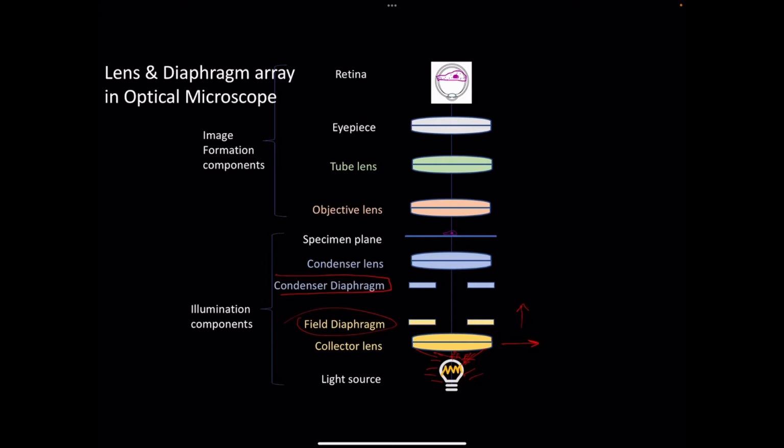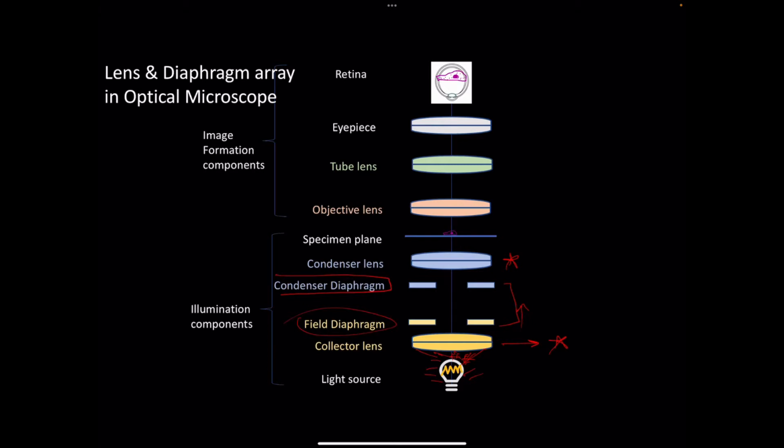So after the light source, there is a collector lens. Between the collector lens and the condenser lens, there are actually two different diaphragms. Now why would we need two different diaphragms? We will come to that also. It will be very clear why we need two different diaphragms and not just one.